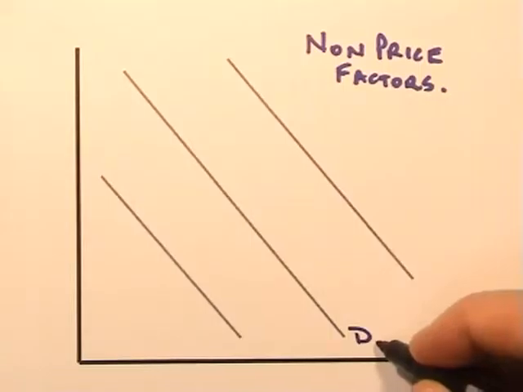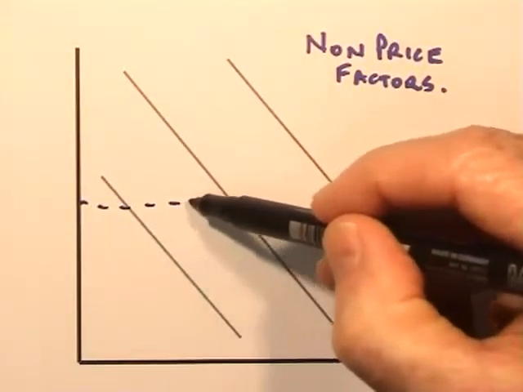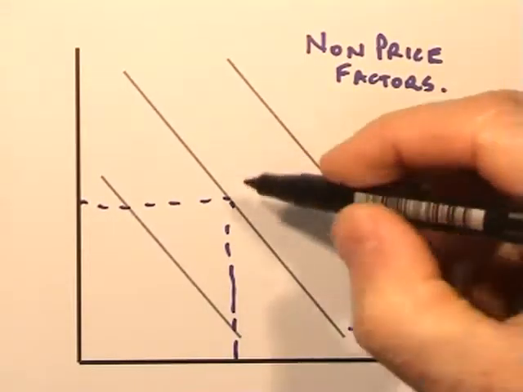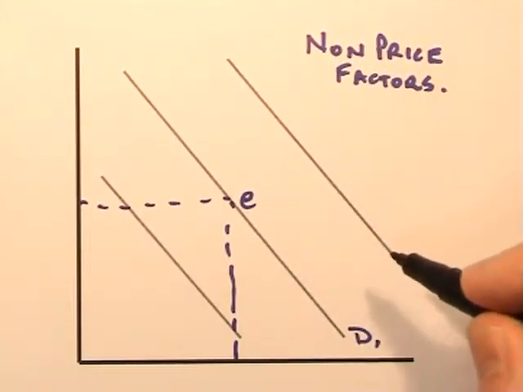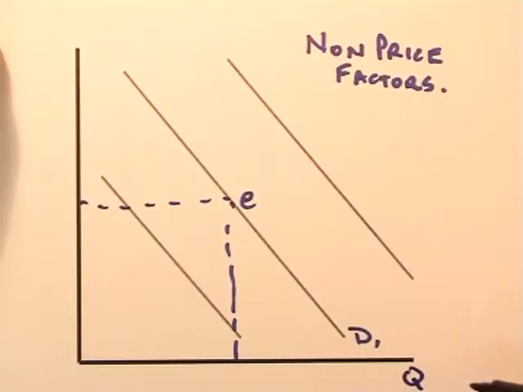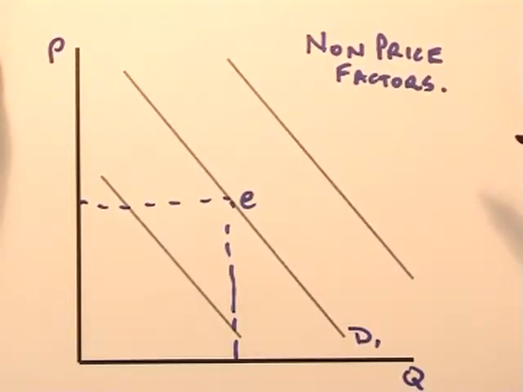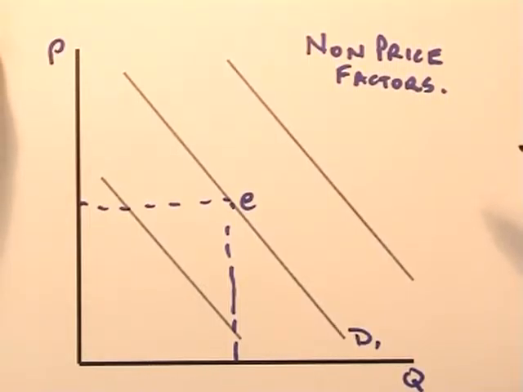If we start at D1 and we have our equilibrium point, you remember that equilibrium was the point at which the market would clear itself, that is, everything that people demanded in terms of consumption was taken at that particular price point. There was no shortage and there was no surplus.